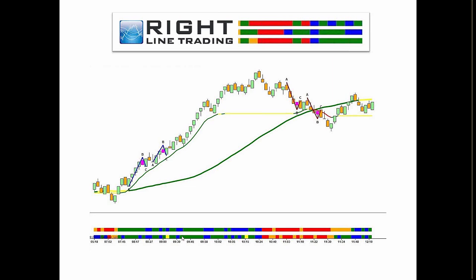These lines aren't green because price is rising. This is predicting that these two forces are going to bring to bear on price a movement to the upside. And the only time you're going to have the ability to take a trade short is when both of these lines align to the downside, are red or orange.